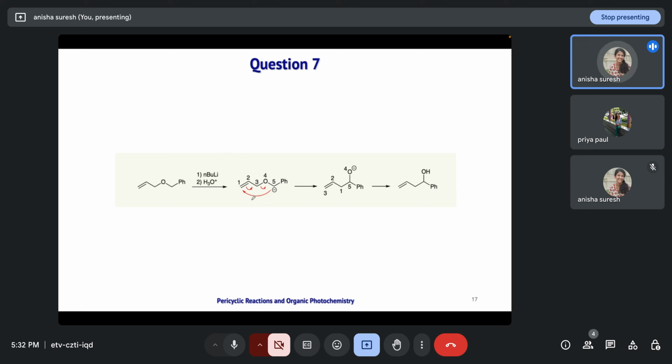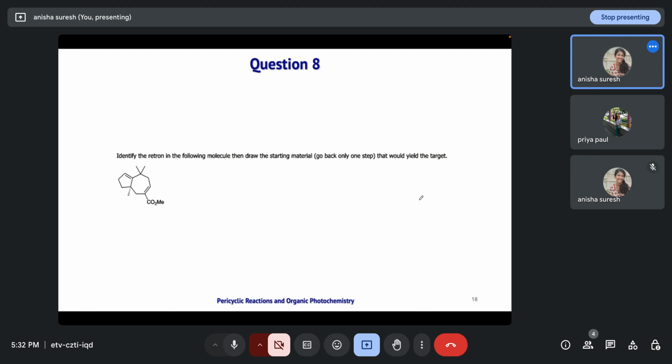Then this O minus will be attacking this alkene. The double bond will be shifting. This 3-4 carbon-oxygen bond will break, resulting in the formation of this intermediate. And in the presence of H3O plus, O minus will get protonated, leading to the formation of this benzylic alcohol. Okay, understood.